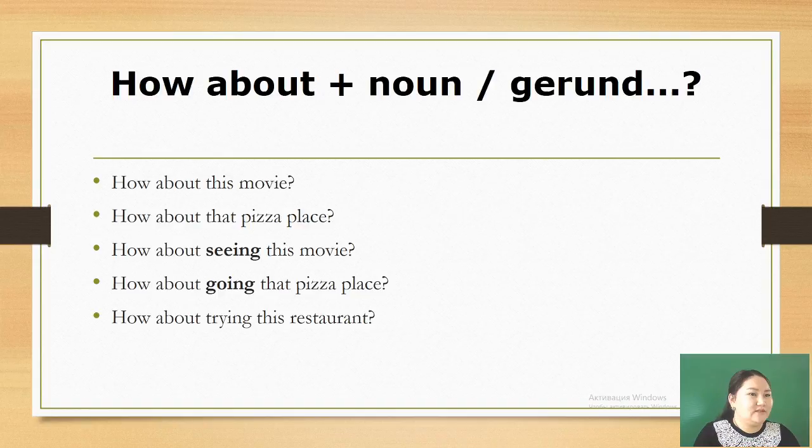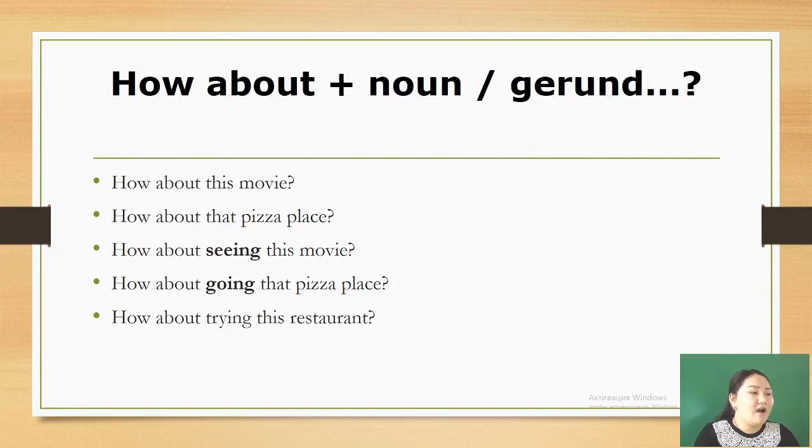So let's have a look at examples. How about this movie? How about that pizza place? You could also, if you want to use the verb, it would be in the ing form, like in the next examples.